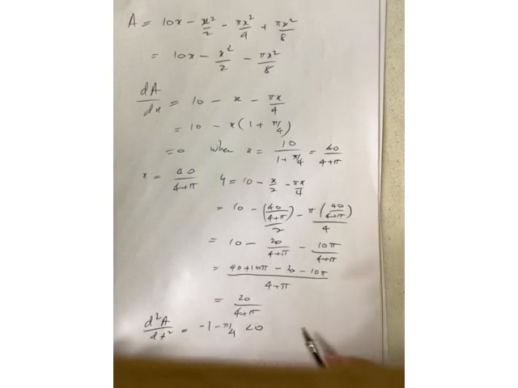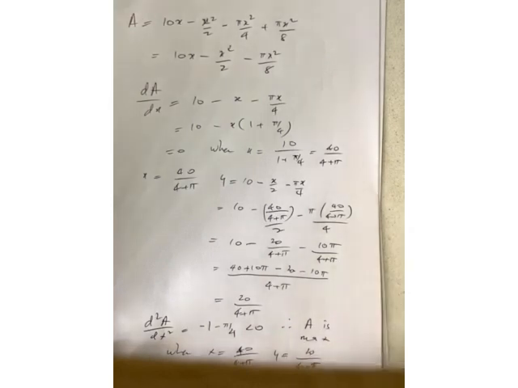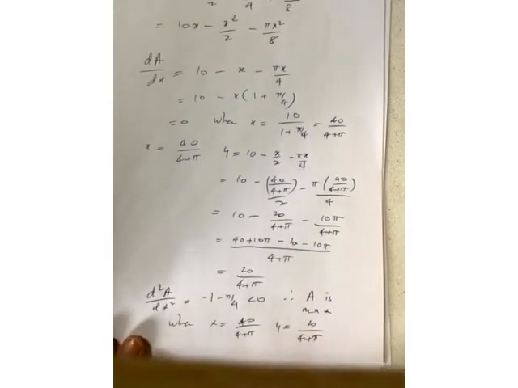So the theory is if it's negative, therefore the area is maximum, because the second derivative is negative when x equals 40 on 4 plus pi, when y equals 20 over 4 plus pi. And you've answered the first question.